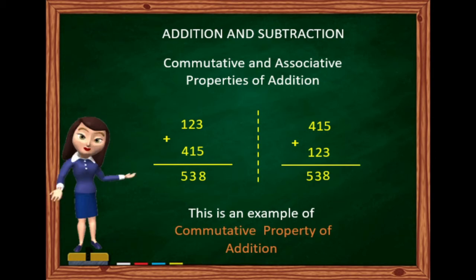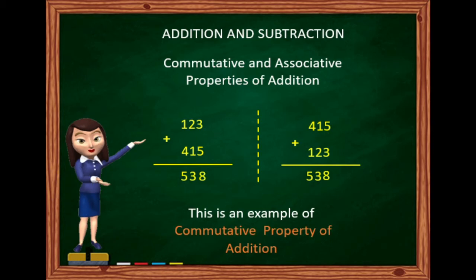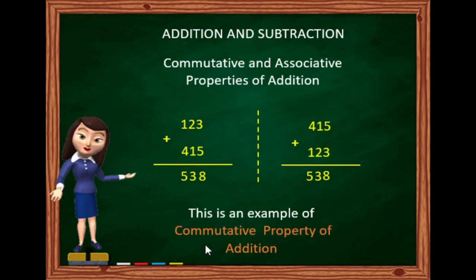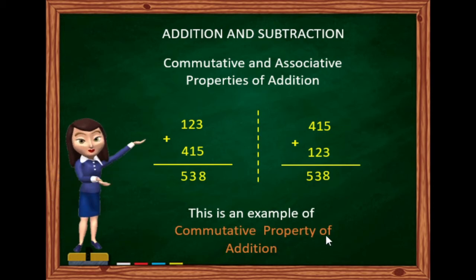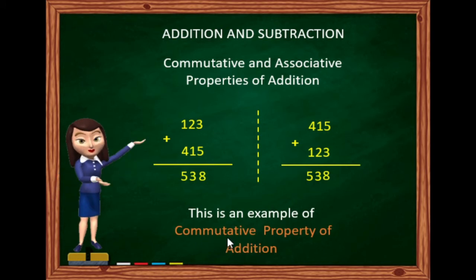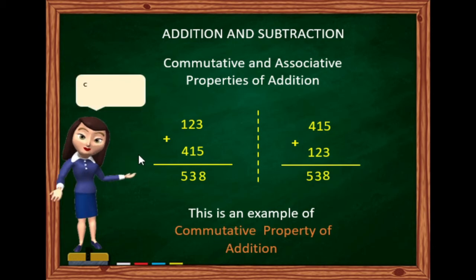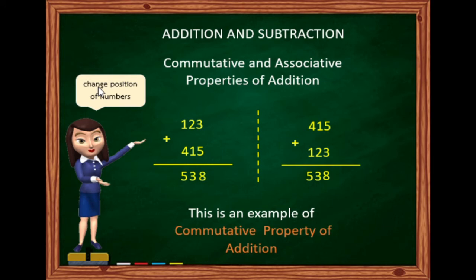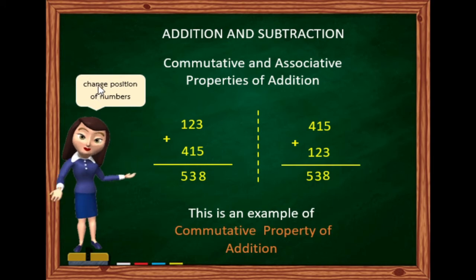They have the same answer because it is one property of addition, and that is commutative property of addition. You can just say commutative. Okay, what do you mean by commutative? It means the numbers to be added have been changed in position.